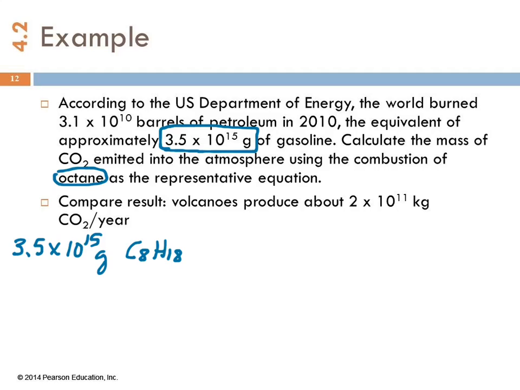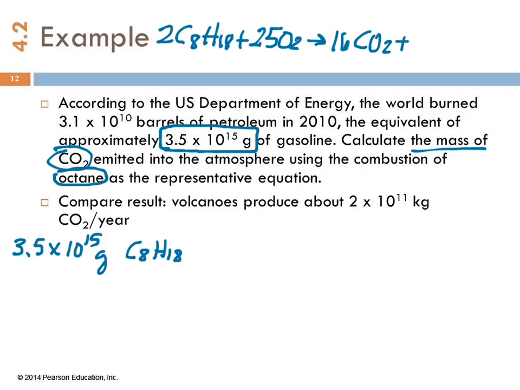And we're supposed to calculate the mass of CO2. So we need our balanced chemical equation, so I'm going to write it up here real quick. It was 2C8H18 plus 25O2 gave 16 CO2 and 18 H2O.